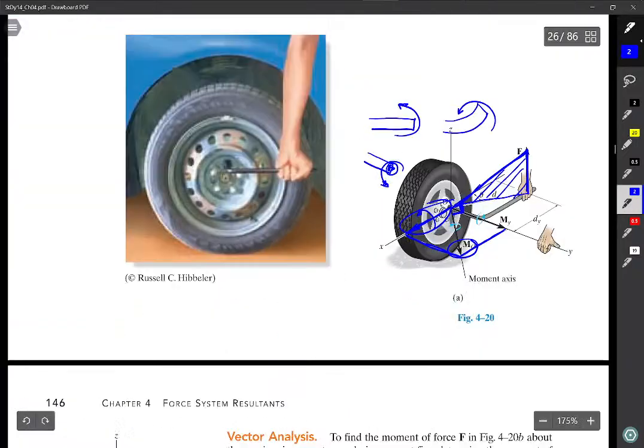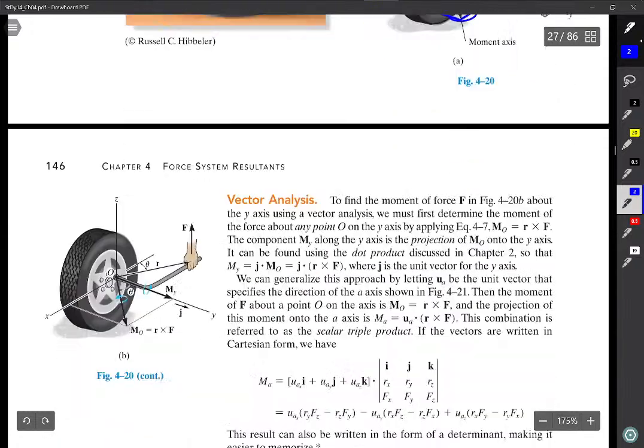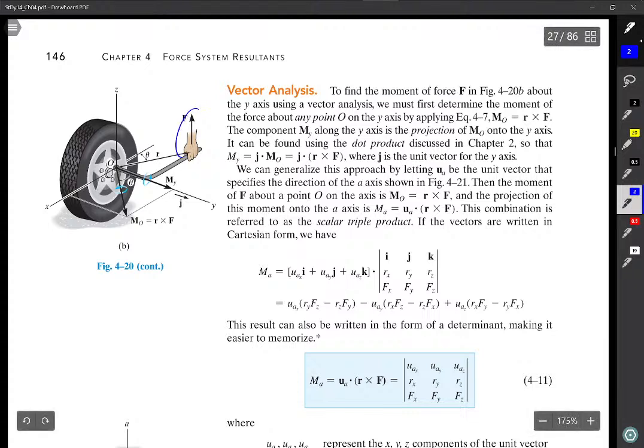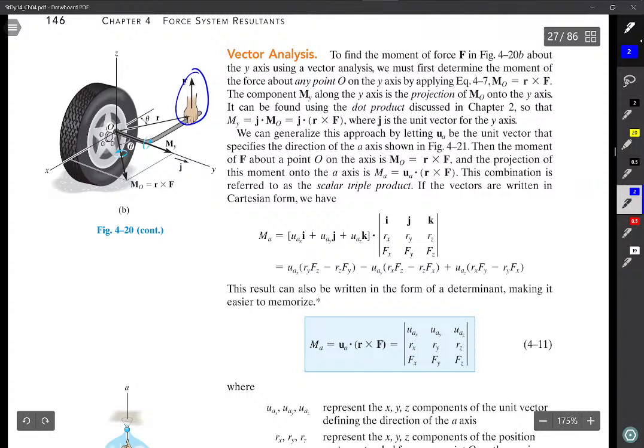So what is he interested in? He's interested in the useful component of what this person is doing. Meaning, in this particular case, he's trying to loosen the bolt. Remember, righty-tighty, lefty-loosey. You go on here. He's actually lefting it, or loosening it.